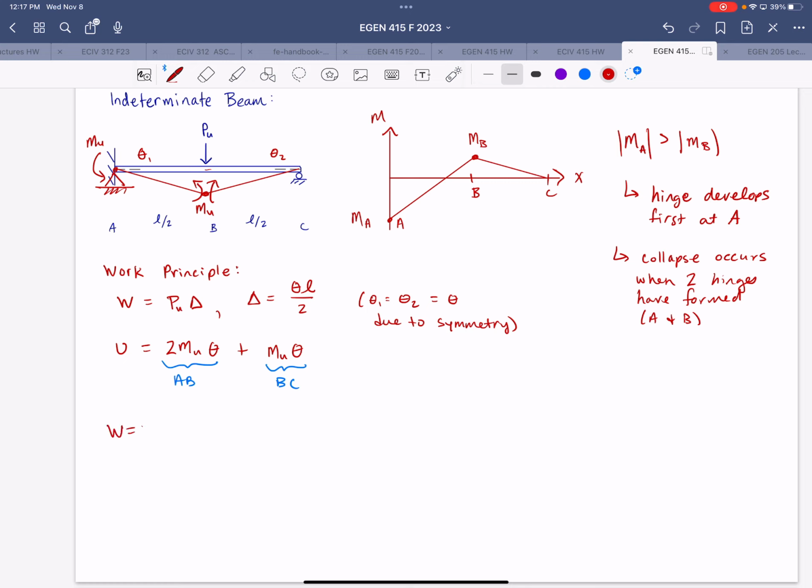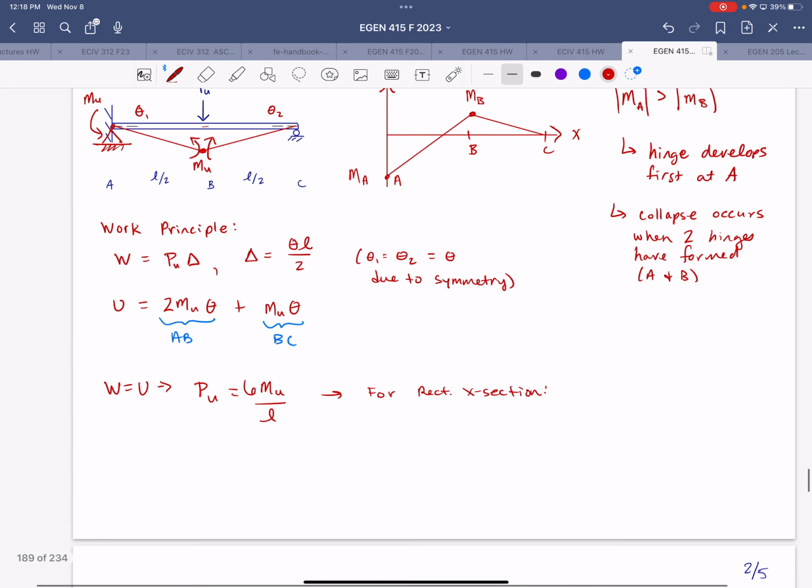Setting external work equal to internal strain energy, we solve for the ultimate PU, which is 6 MU over L. If we have a rectangular cross-section, from the last lecture we showed that MU is equal to BC squared times sigma y. So PU would be 6 times BC squared sigma y over L.